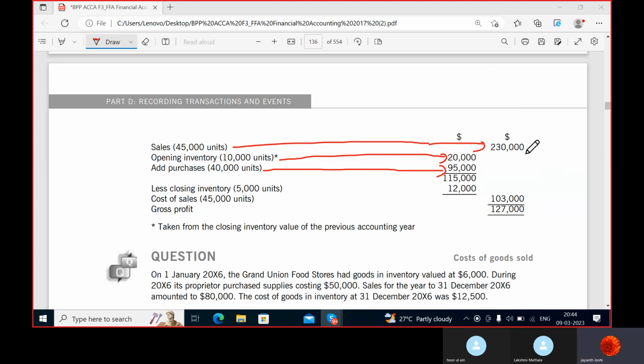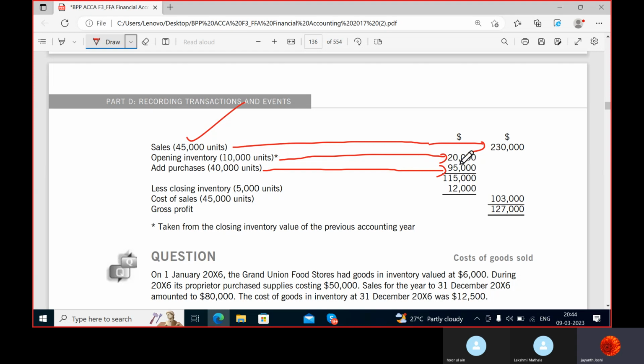So 45,000 units were sold, and we definitely need the cost for 45,000 units. If we are selling 45,000 units, we want the cost also for 45,000 units to get the profit for those units. So from the previous year we were left with 10,000 units.